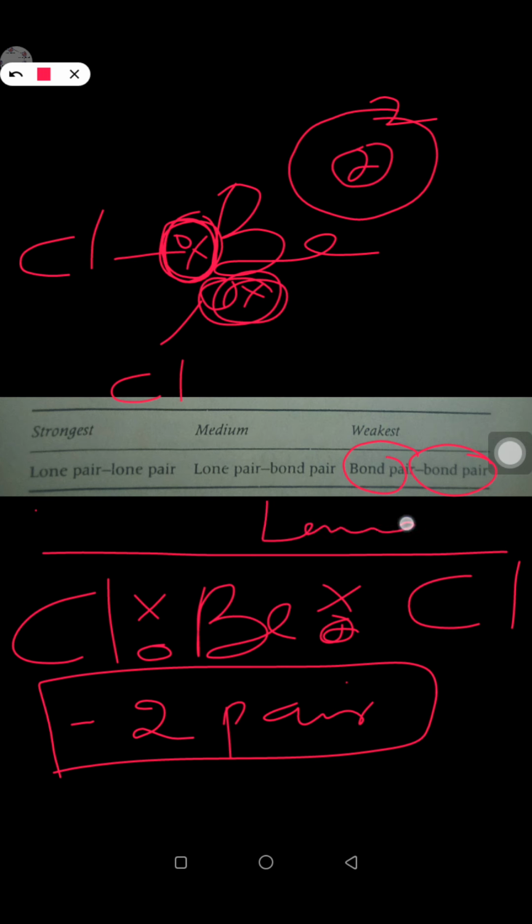So beryllium chloride is a linear structure. I think you understand that now. It is linear because there is no lone pair. The shared pairs push each other farther apart to maintain distance. That is the first example. Let's try to do the second one.